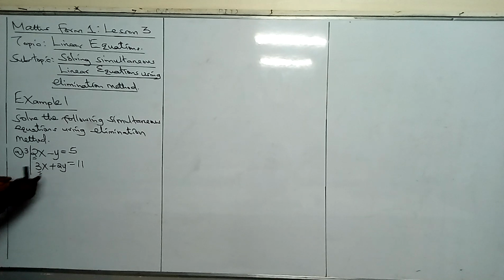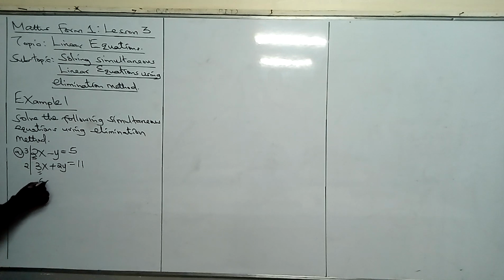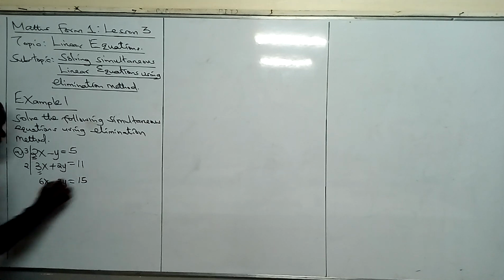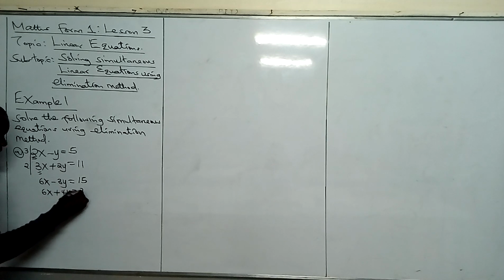Then we bring the coefficient of x in the first equation and multiply it with the second equation. 3 times 2 gives us 6x. 3 times y gives us 3y. 3 times 5 gives us 15. 2 times 3 gives us 6x. 2 times 2 gives us 4y. 2 times 11 gives us 22.